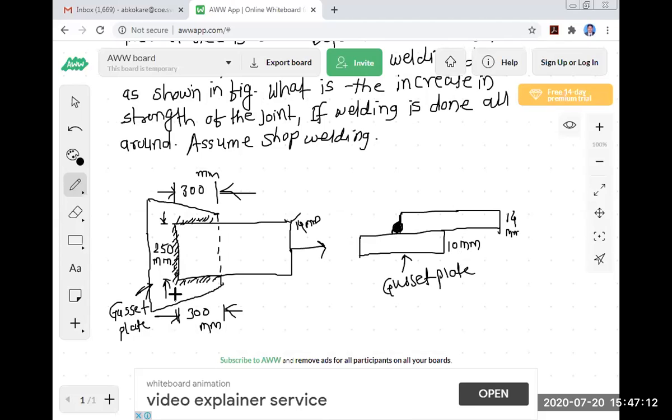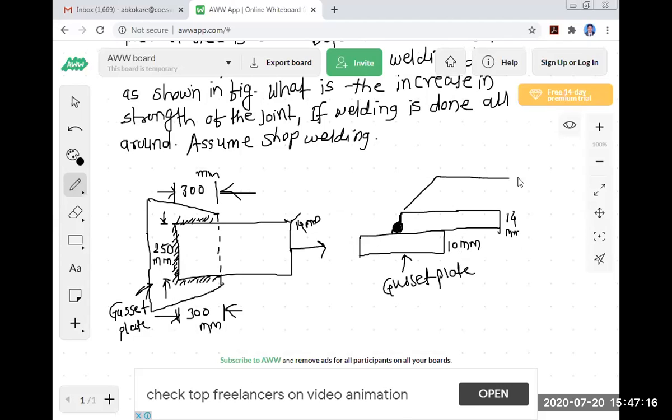This welding is 250 mm, the width of the plate, and for this 250 mm length they have welded. This is the 14 mm thickness of the girder, and here they have used a gusset plate.